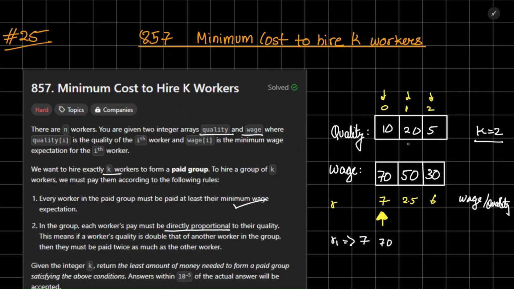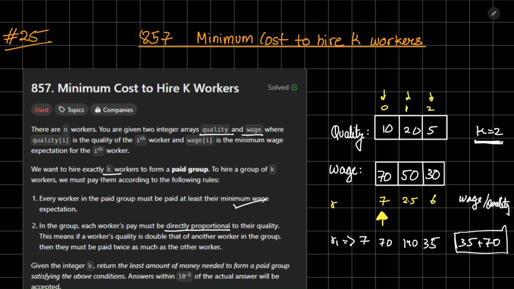Now, 20 multiplied by 7 would be 140. And 7 multiplied by 5 would be 35. Now you have to select 2 workers because our K is 2. So what is the minimum of them? That would be 35, the minimum, plus the second minimum, that is 70.